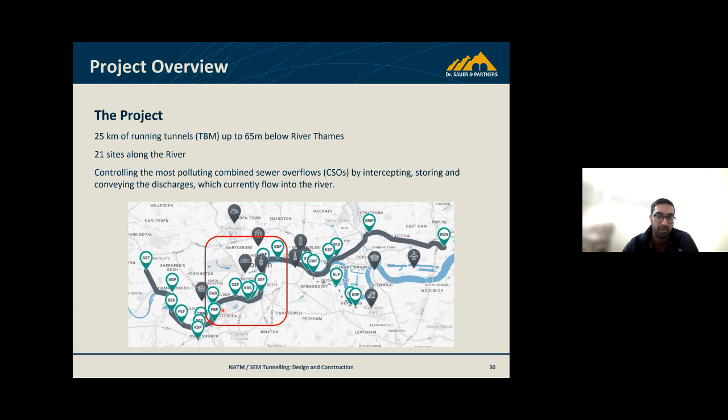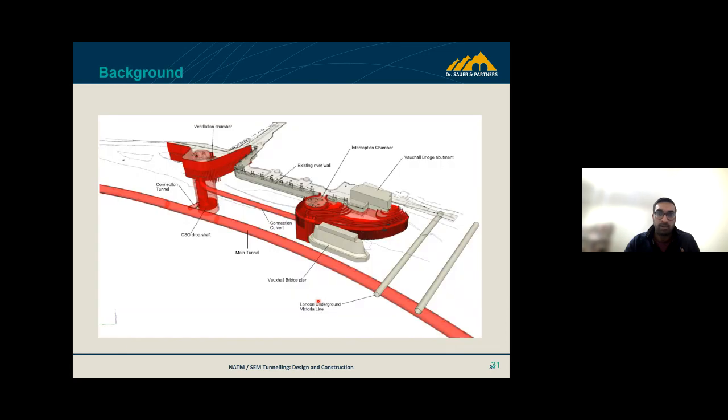There are 21 sites altogether all the way along the river, and it's basically trying to control the most polluting combined sewer overflows by intercepting them, storing, and conveying the discharge, which currently flows into the river.